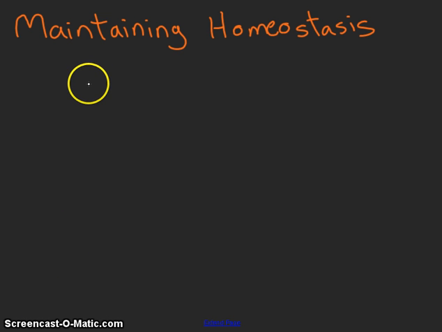Okay, so we're back and just making a new slide. So, talking about maintaining homeostasis, we need to think about two systems mainly: the nervous system and endocrine system. Those two systems are what we're going to talk about this year.